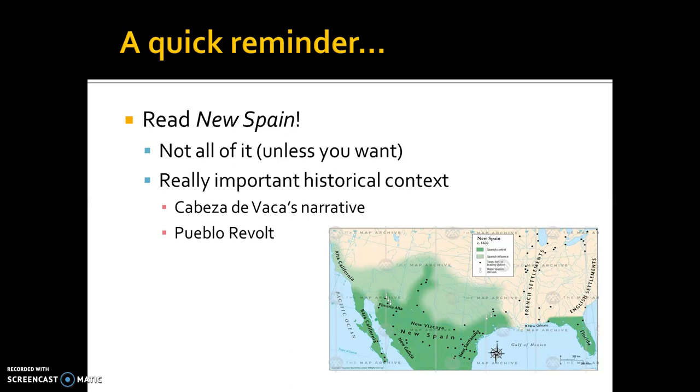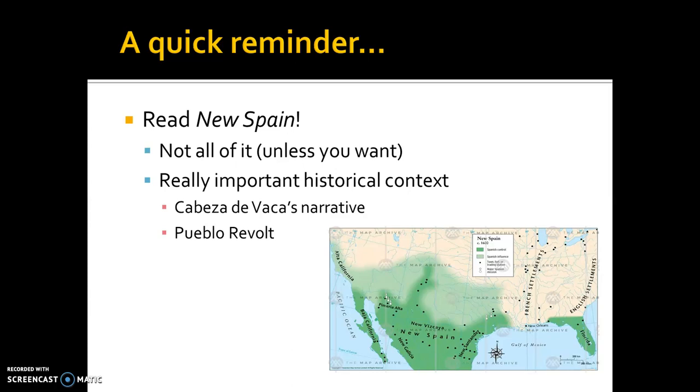It's important. I also wanted to show y'all a map that depicts basically the territories or areas that were under Spanish control around 1600. Of course, it took some time from the late 1400s to this point to conquer all of this territory, and it goes much further south than what we can see here.